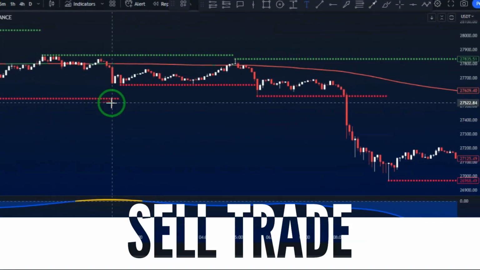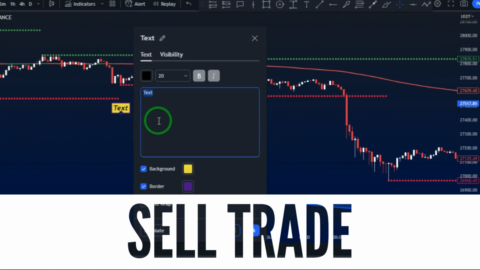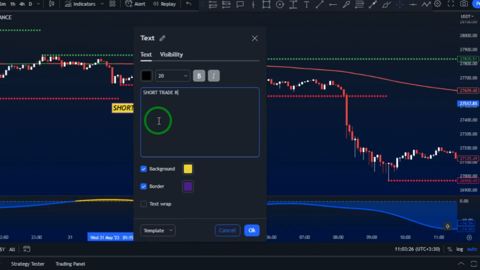And for short trades, you first look for red dot support breakouts plotted by the pivot point super trend indicator.